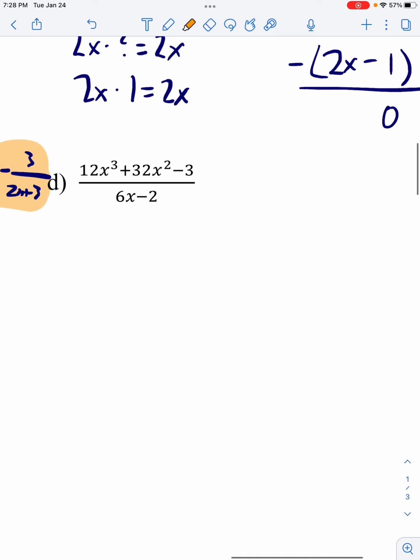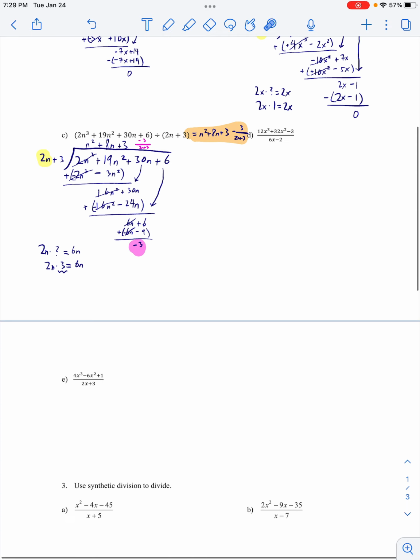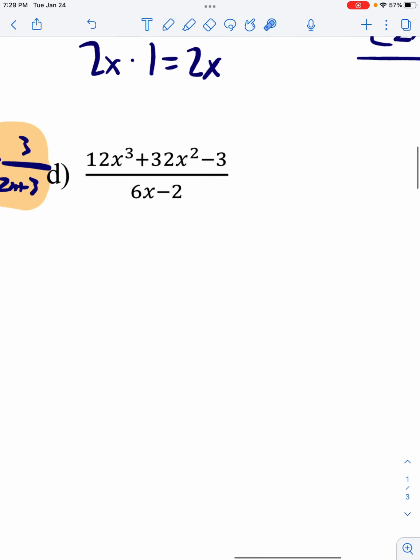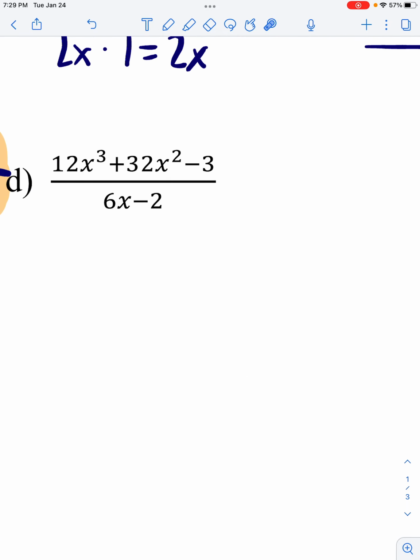Problem D, okay? So something I need to point out, we're going to do this the exact same way we've done these other problems, but notice there's an x cubed term here. Let's look at the numerator. There's an x cubed term, an x squared term, a constant term, but there's no x term, right? There's no term with just a regular old x in it.